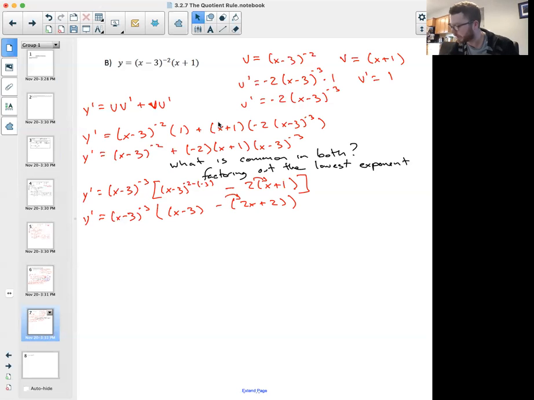We'll do that now. So y prime is equal to x minus 3 to the -3, bracket x minus 3, subtract 2x, subtract 2. Okay, we have -2x and a positive x, and -3 and a -2, so we can simplify that.